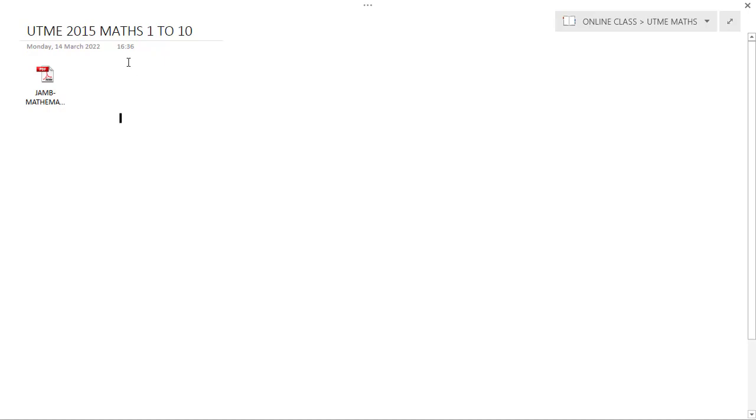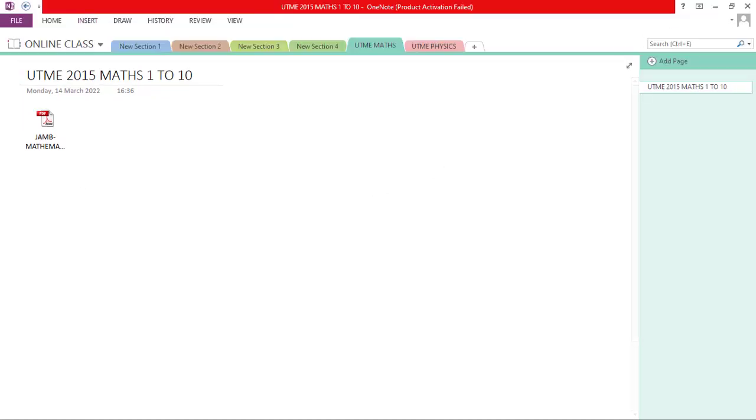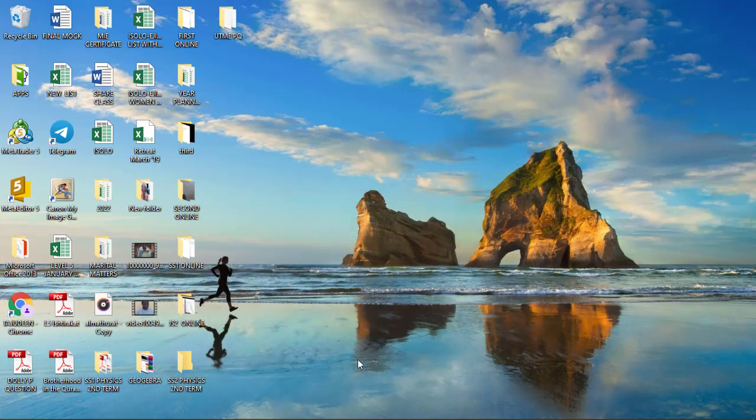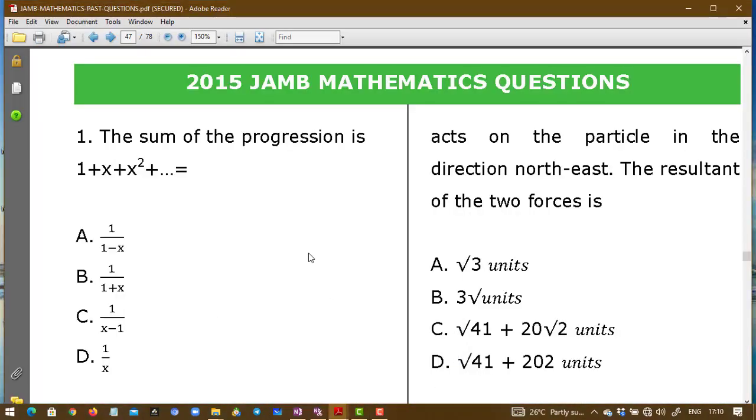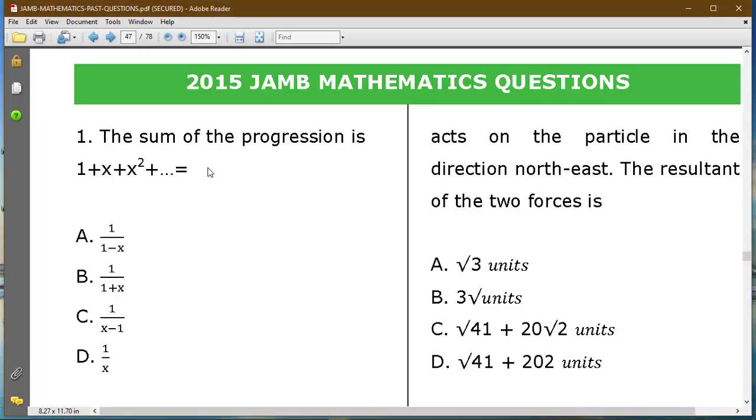The first question that we have is, let's look at it again. Our first question here today is the sum of the progression 1 plus x squared plus dot dot dot.